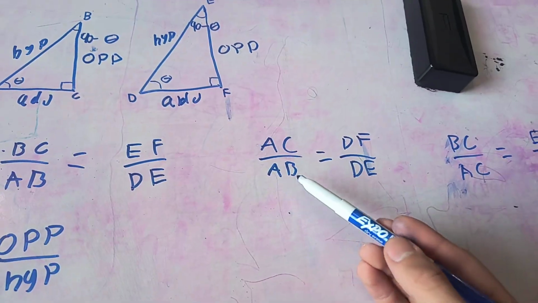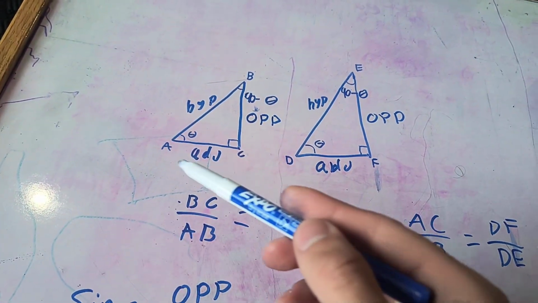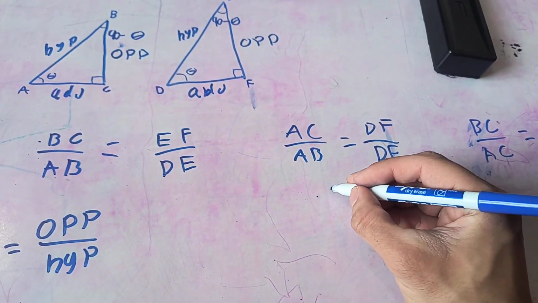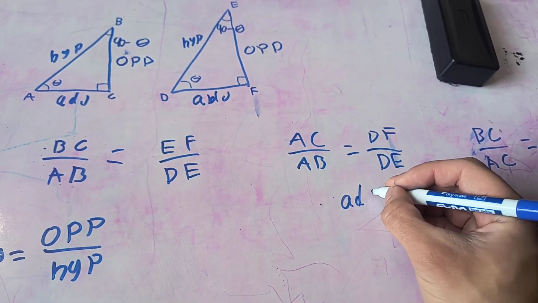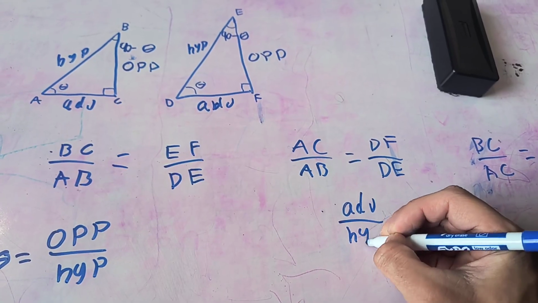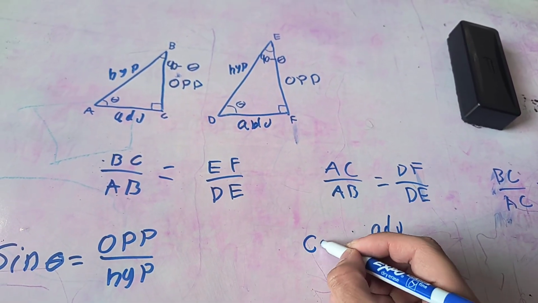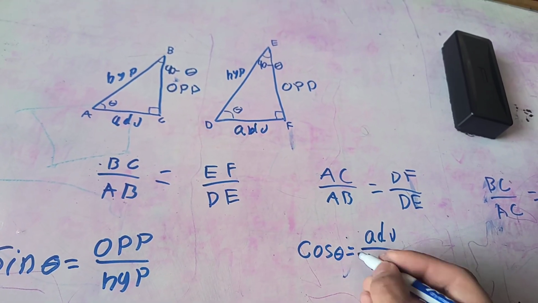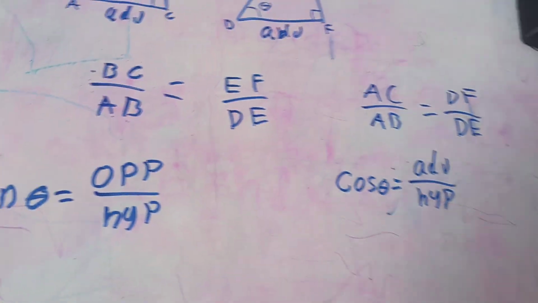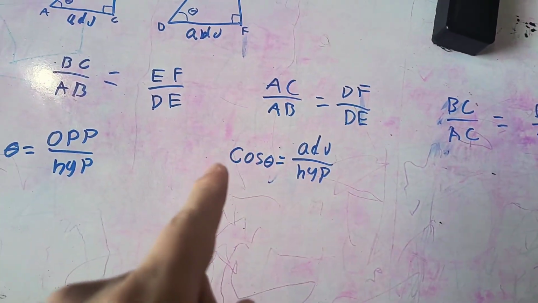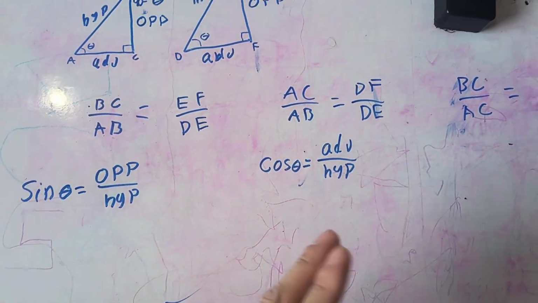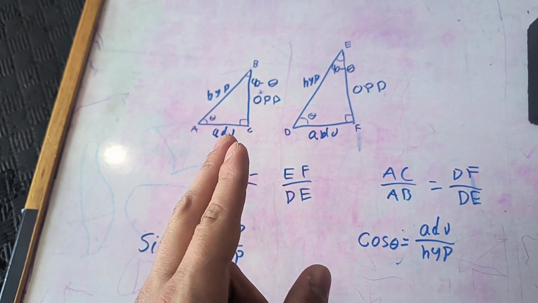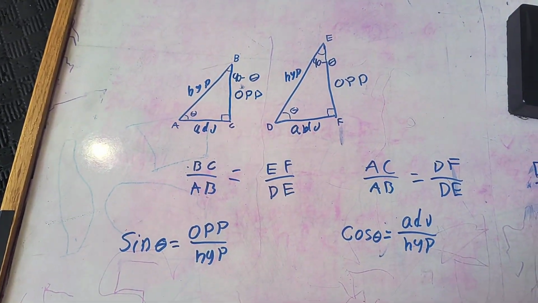Having AC over AB, which is adjacent over hypotenuse, is called cosine of theta, or cos, as most people put it. Cosine of theta is equal to the ratio between the adjacent side over the hypotenuse.